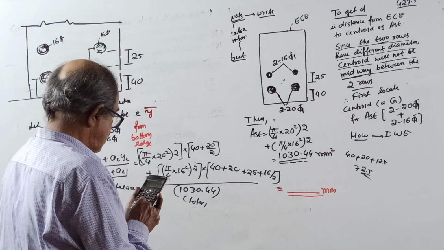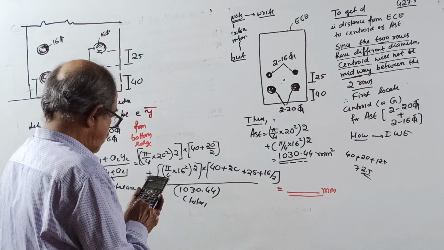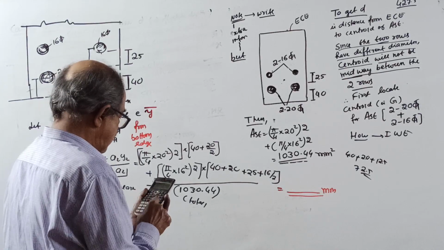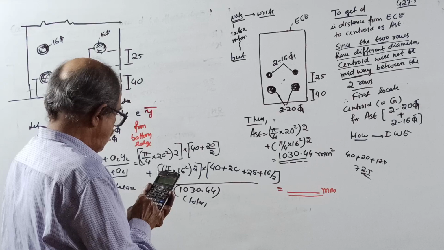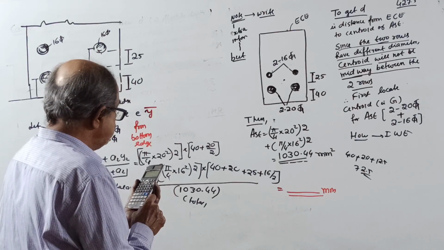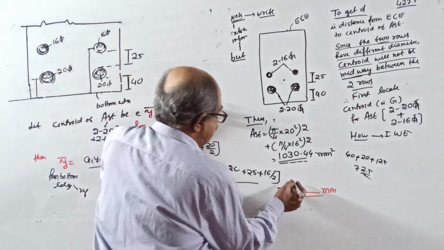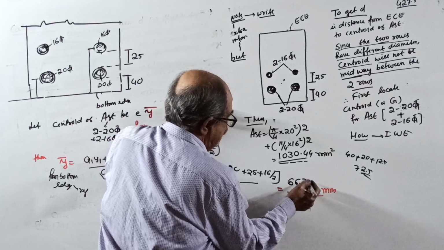Close the bracket, into again bracket 40 plus 20, I am doing carefully, 25 plus 8 equal to, divide by 1030.44. 66.78 millimeter.